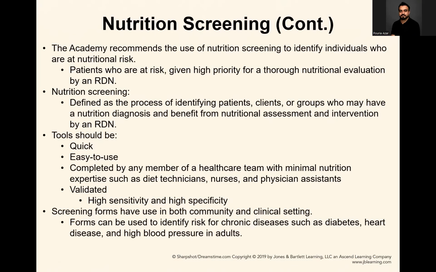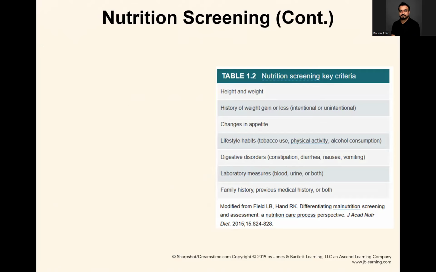And as I said, screening forms can be used in both community and clinical settings. When we say community setting, we can use nutritional screening forms to identify risk for different chronic conditions like diabetes, heart disease, and hypertension in adults.